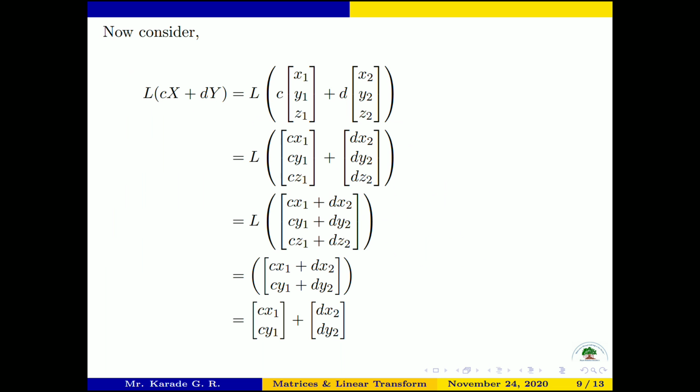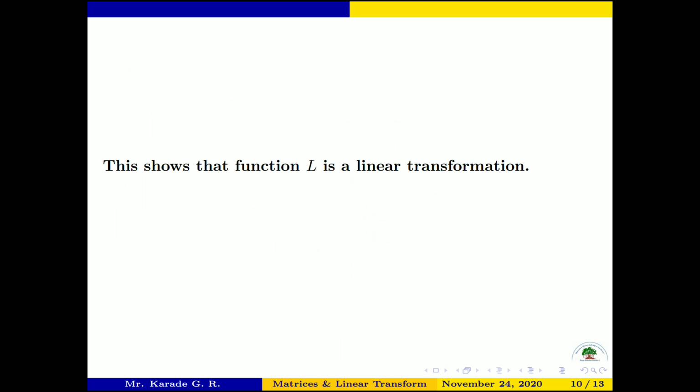Let us take these scalars outside. Okay, and it is nothing but c into L of x plus d into L of y. So in this way, here also we have shown that L is a linear transformation.